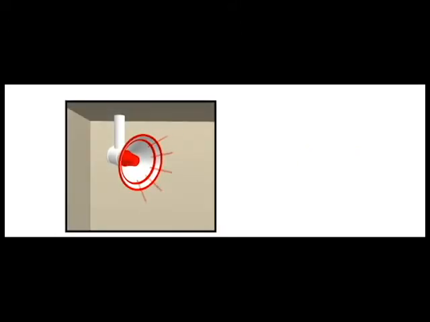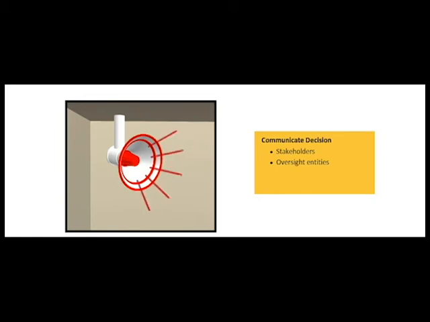Next, incident management leadership communicates the decision to evacuate throughout the hospital and to all stakeholders, oversight entities such as the health department, response and recovery assets, and the local media. Timely and accurate information sharing across the organization is crucial to managing an evacuation effectively and with reduced apprehension.